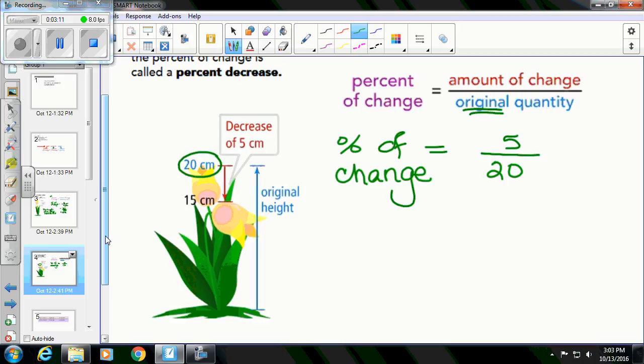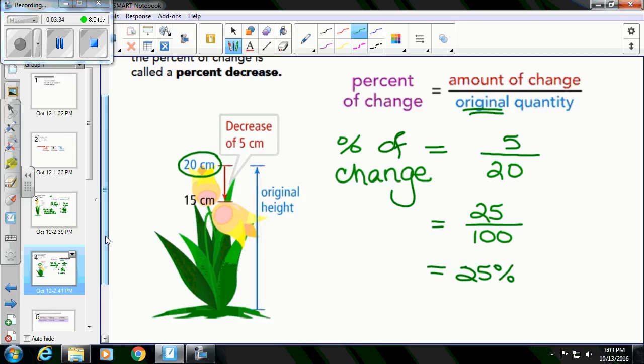Again, because this represents a percent, let's convert it to having a denominator of 100. So I multiply the numerator by 5, the denominator by 5. The 25 hundredths we know is 25%.